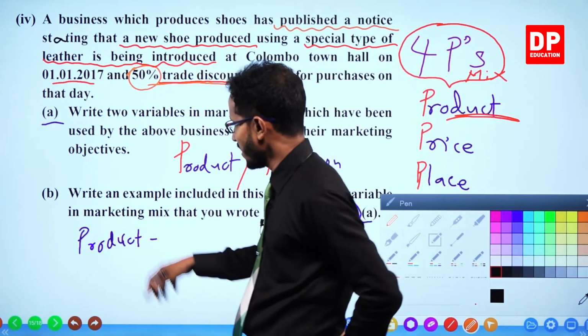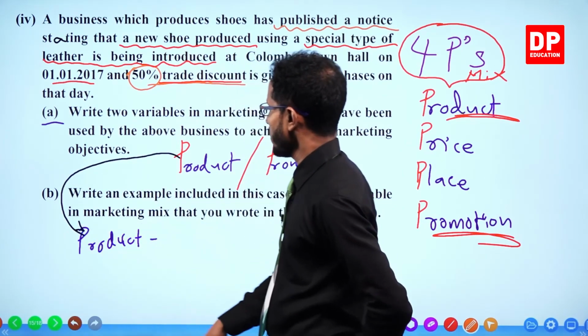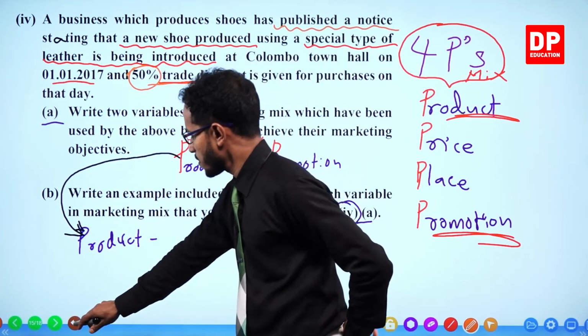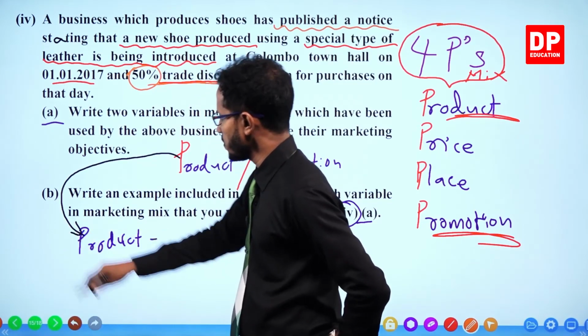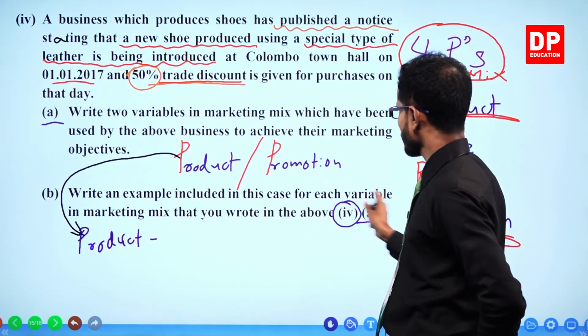Okay, all right. For the variable product, we have to write an example included in this case.